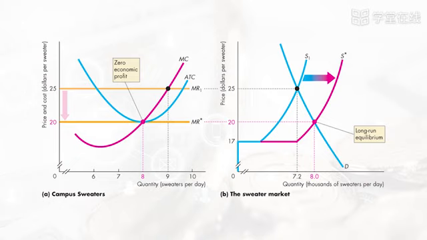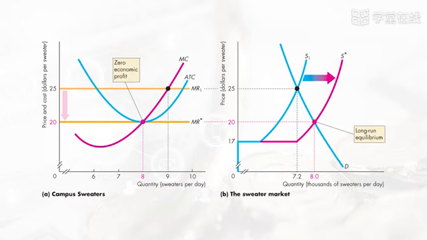And in the long run, the market equilibrium price will go down until firms make zero economic profit. In this diagram, when price equals 20, which is the break-even point of firms, new firms have no incentive to enter the market because all the existing firms make zero profit.